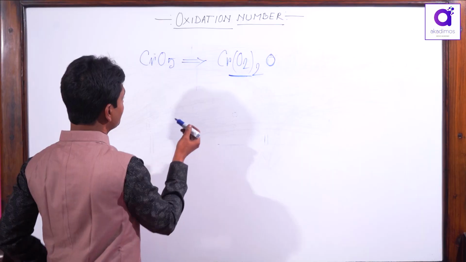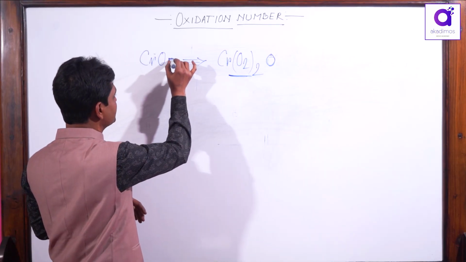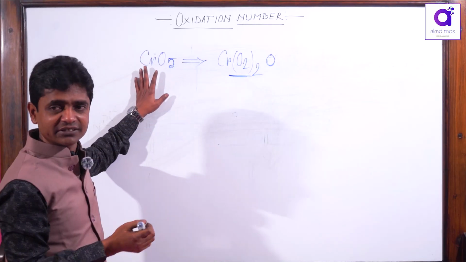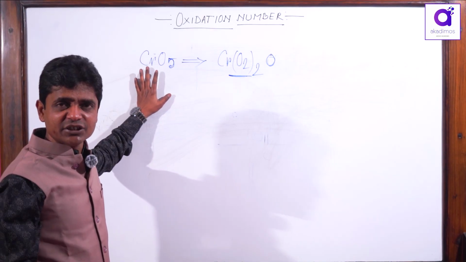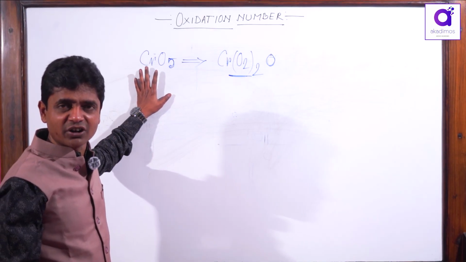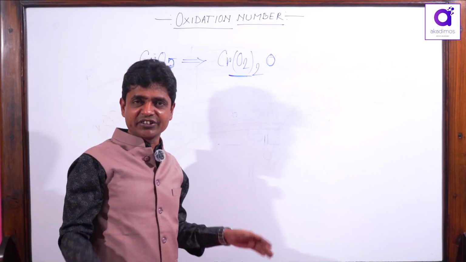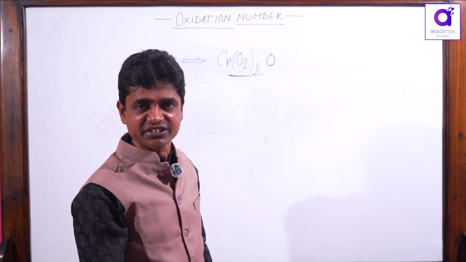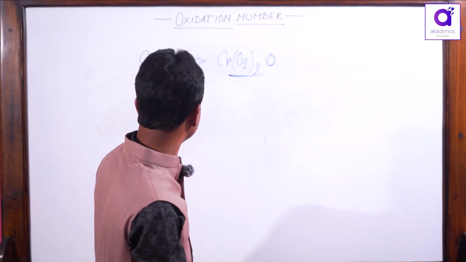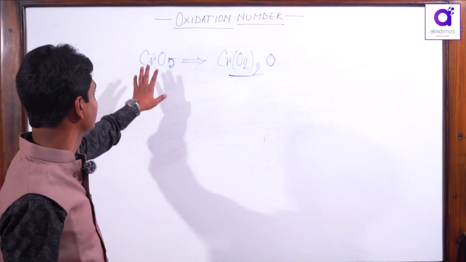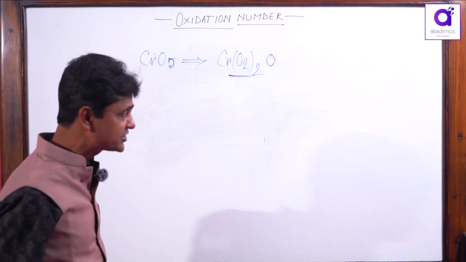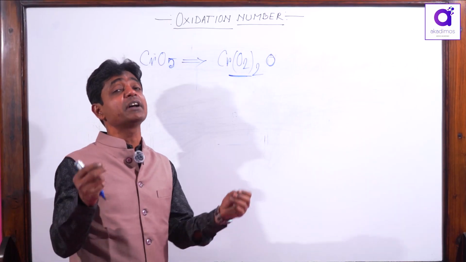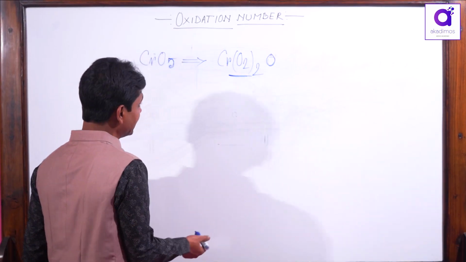Here chromium, if you take oxygen as minus 2, then you will get plus 10. But it is impossible. Never will you get plus 10. Since you know chromium's valence number of electrons is 6, its maximum oxidation state is plus 6, never greater than plus 6. But if you take oxygen as minus 2, here you will get plus 10. It is impossible. That means you have to go to the structure. All oxygen are not in minus 2 state. How will you get it?